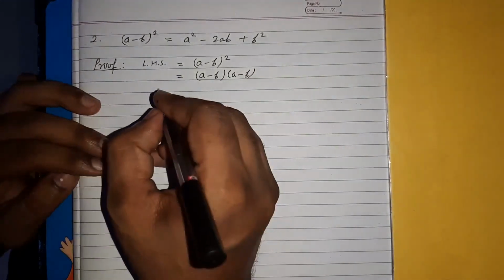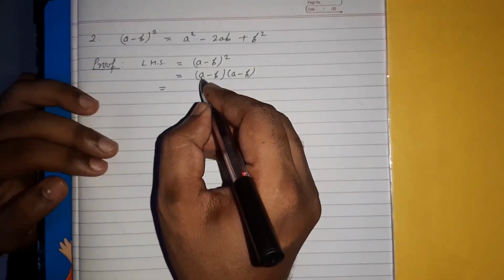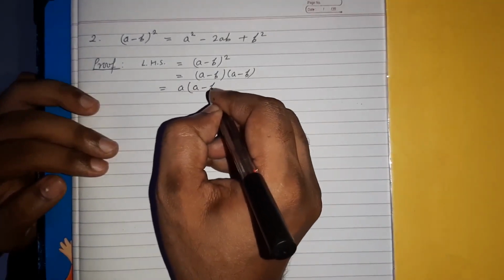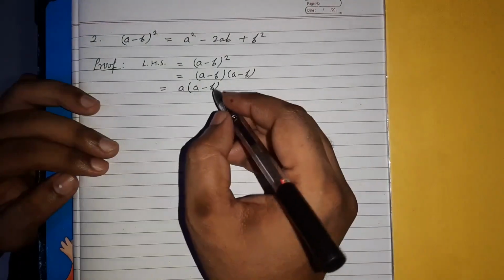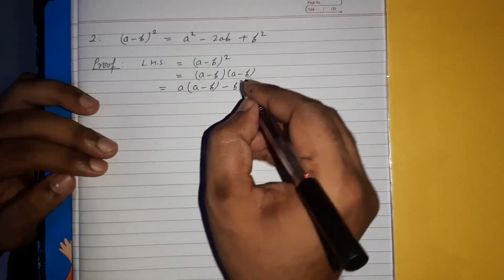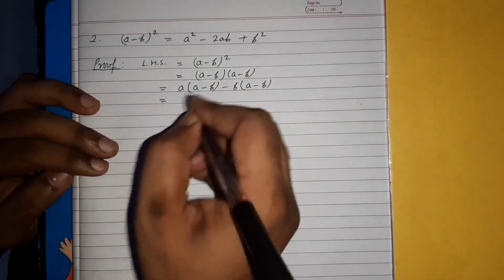Now we will simplify these two brackets. First we will take the first term of the first bracket and multiply by the second bracket (a minus b). Then we will take the second term of the first bracket with sign and multiply by the second bracket (a minus b).